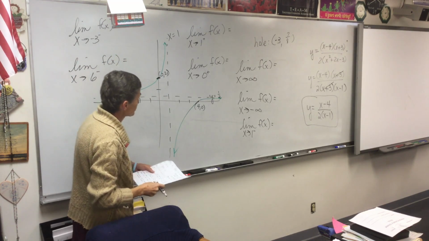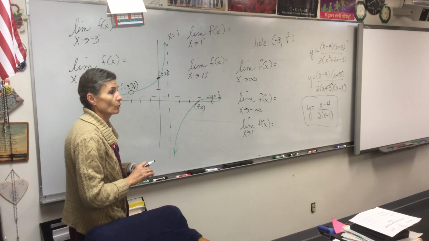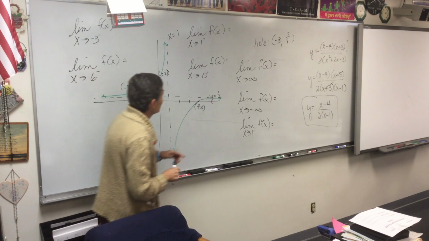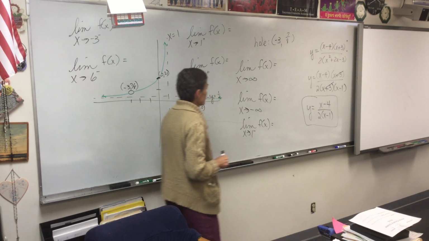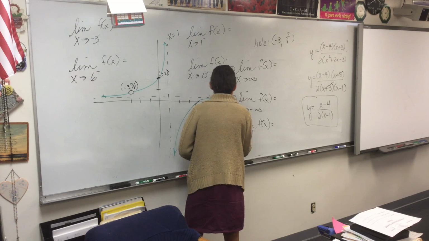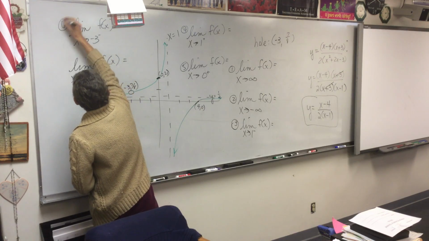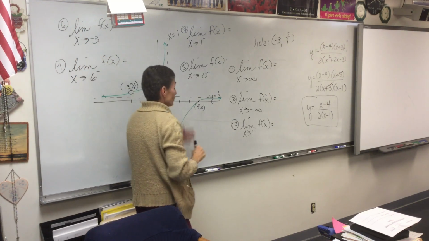Let's answer these questions and then you can go to lunch, all right? So here we go. These are the questions I want you to answer, so I'll number them so we can talk about them. 1, 2, 3, 4, 5, 6, 7 questions. These will be easy. Look at your graph.